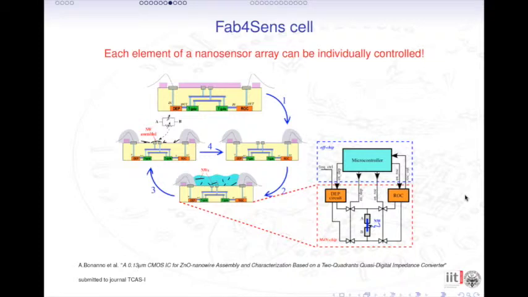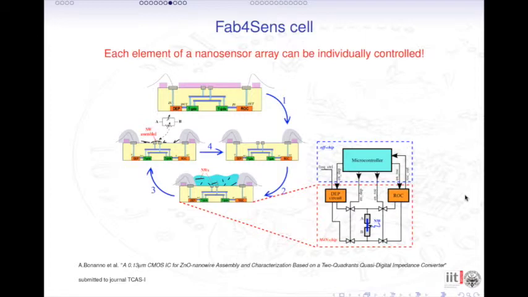For that reason, I conceived an integrated system, a sort of system on chip, where each couple of electrodes is connected to a DEP generator integrated on chip and a readout circuit.